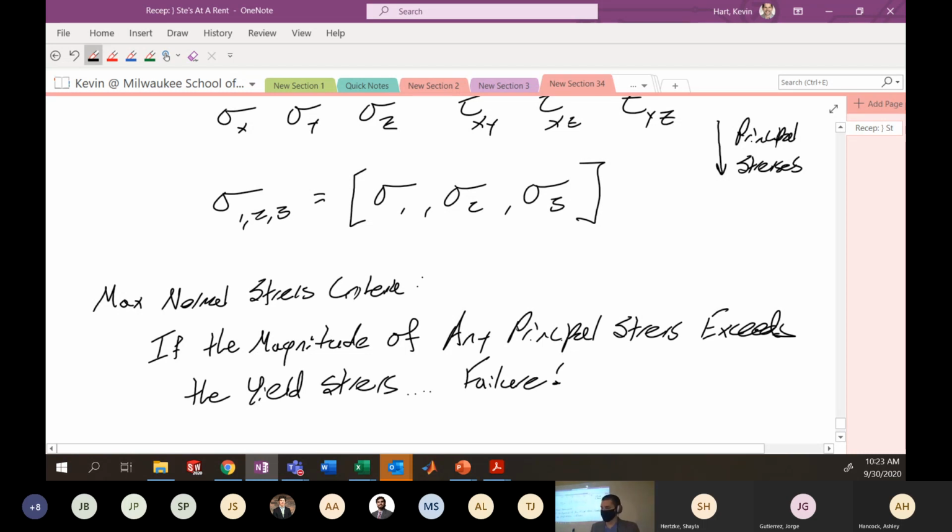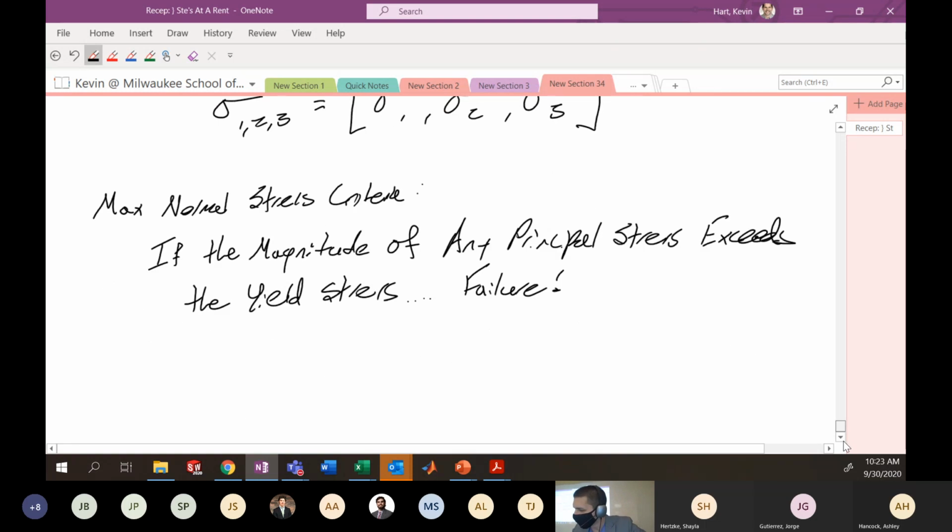Okay. If the magnitude of any principal stress exceeds the yield stress for that material, you fail. So you have this crazy complicated stress state. You calculate what the principal stresses are. If any one of those principal stresses is greater in magnitude than the yield stress, you fail. I don't like words. I like math. I speak math.